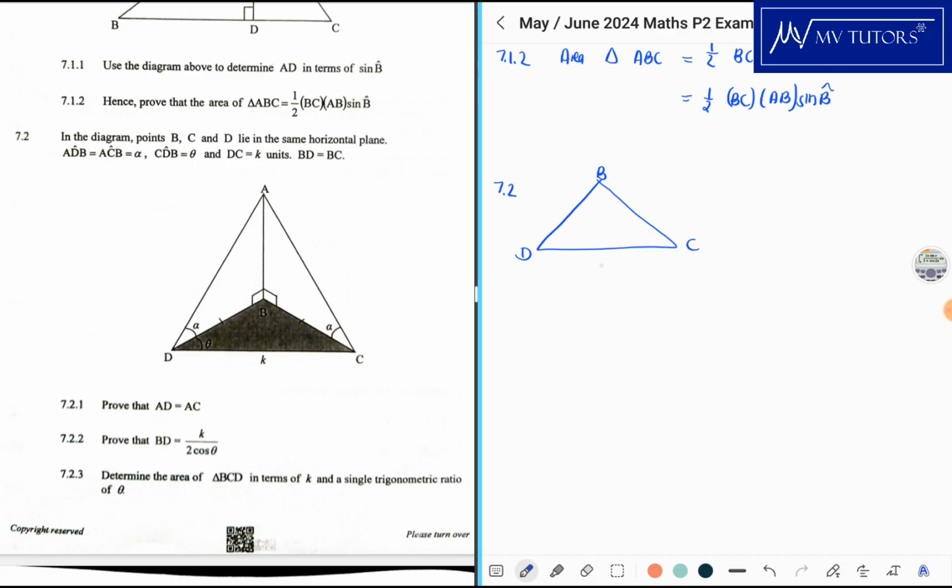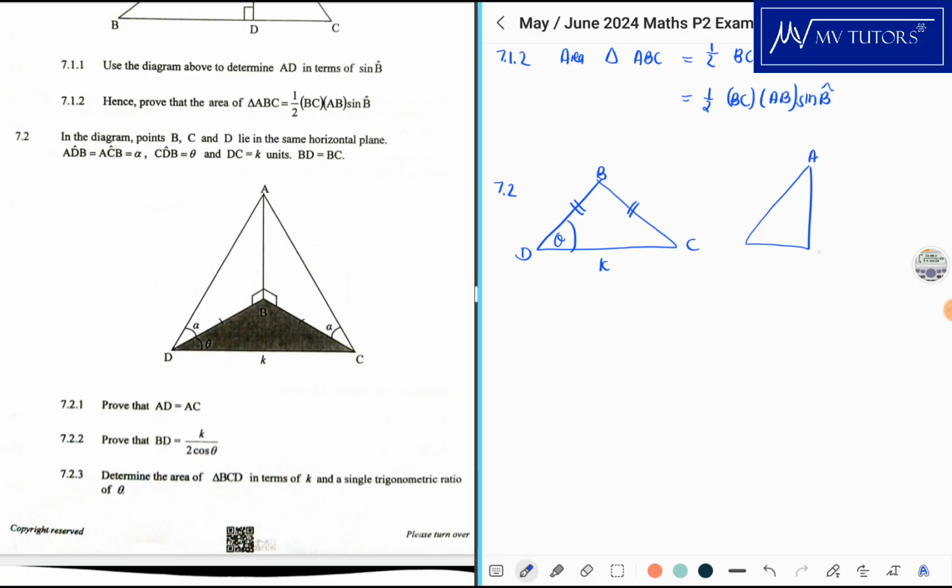In that, I see that DC is actually K. They say ADB and ACB is alpha. CDB is theta. So this is where theta is. And DC is K units. BD is equal to BC. I'm going to draw the other 2 triangles so that I can fill in what I know.